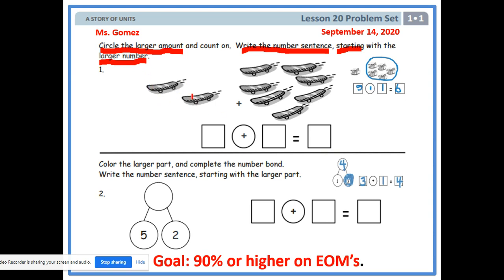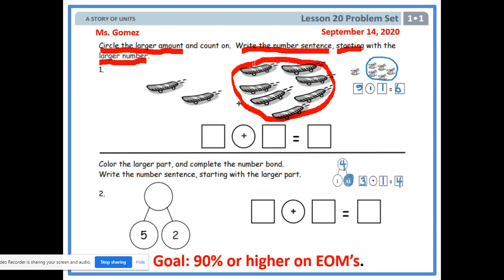So now let's work out number 1 together. We have 2 skateboards here, and we have 7 skateboards here. Which is the larger part? Get ready. Yes, 7. So let's go ahead and circle the larger part, just like when we were practicing with our number bonds. And then we're going to start with the larger part and count on.